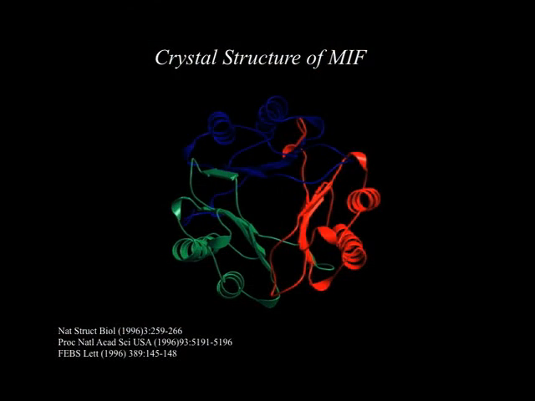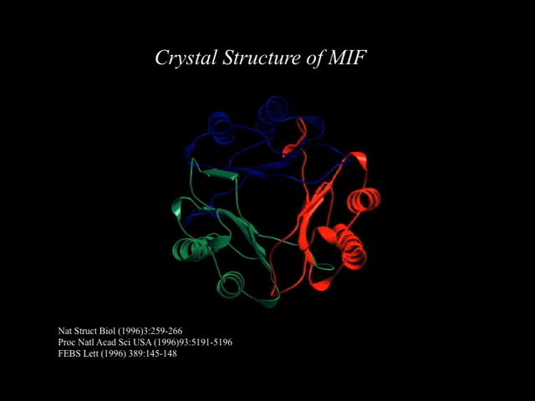Now I'm going to focus on what this protein is. MIF is a small protein, around 12.3 kilodaltons. It was crystallized before it was even discovered to be important in sepsis. In 1996, three different studies came out showing that MIF is a homotrimer, which means you need three molecules to form the MIF protein in the crystal structure.